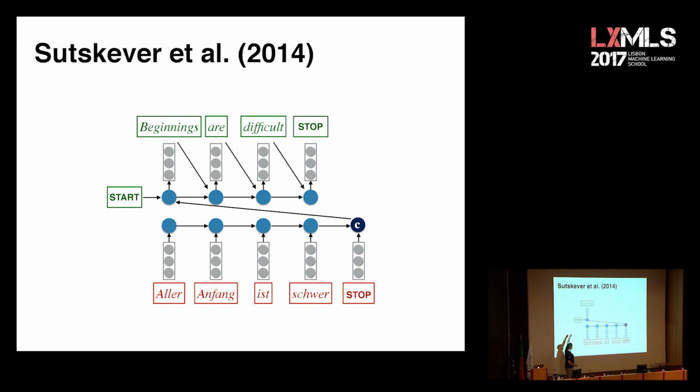We're also going to feed in the start of sentence marker, which I've designated as start. Now we're going to start from the hidden states that this new LSTM is computing. We're going to start sampling words, as we always do. So we're going to sample beginnings, and then we're going to feed that back in, R, difficult, and we're going to keep doing this until we sample the stop symbol.